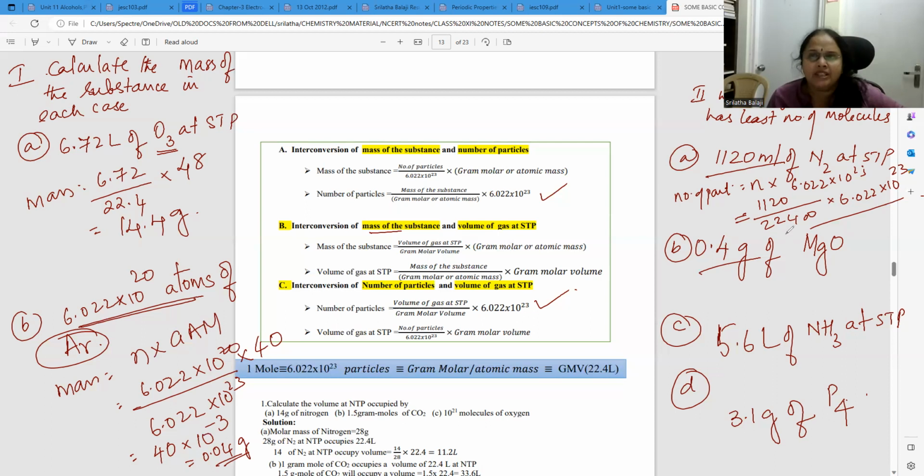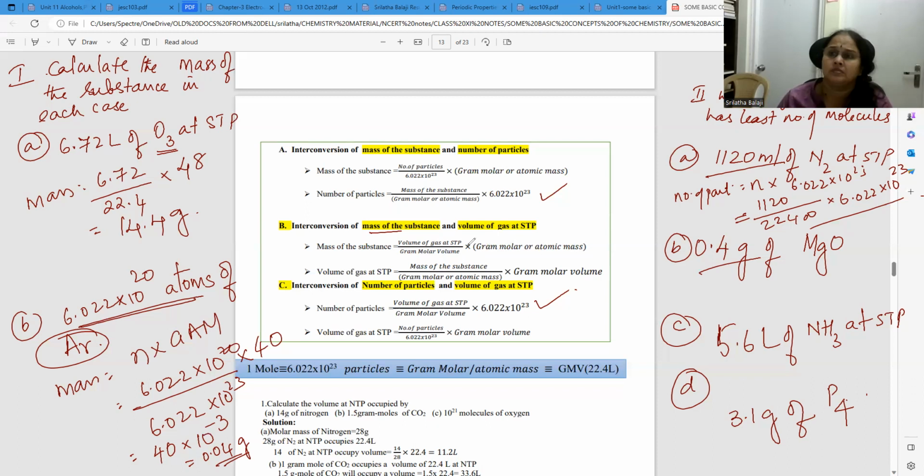Because the reason I'm emphasizing so much on this mole concept is that this is a basis for the rest of the chapter now. Come on, students. I'm not getting any reply.